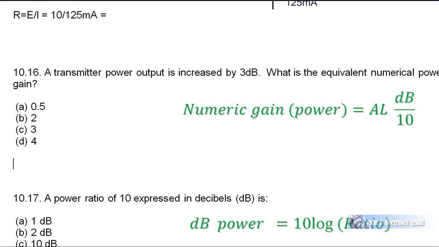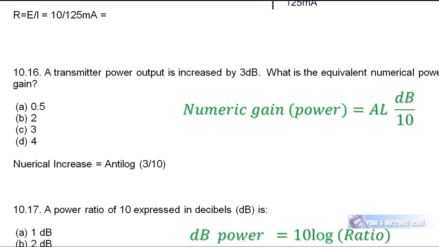So the numerical increase, I'll write it down, equals the anti-logarithm of the number of decibels. The number of decibels we've got is 3 divided by 10. And I didn't spell numerical very well, did I?